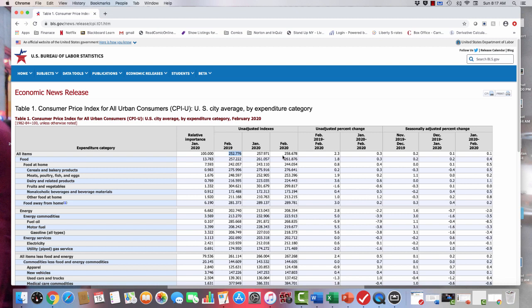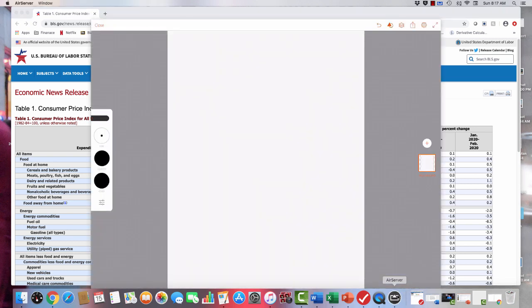Because if the prices go up, but they just go up a little bit, it's not that big of a deal. But if it goes up a lot in a short period of time, then that can be very destabilizing. So let's take a look at our CPI in terms of a rate of change.